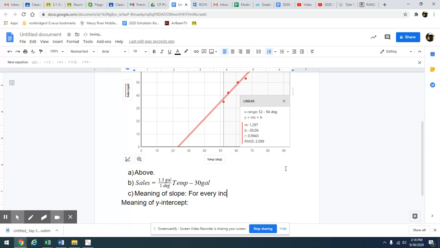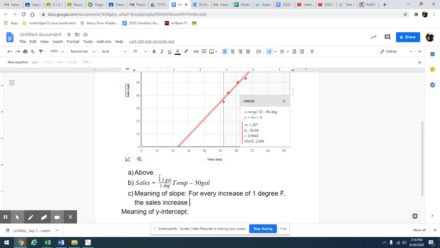For every increase, it's an increase because the slope is positive, of 1 degree Fahrenheit, the sales increase by, for every increase of 1, I said because it's positive, but that's always going to be an increase of 1 on the bottom.